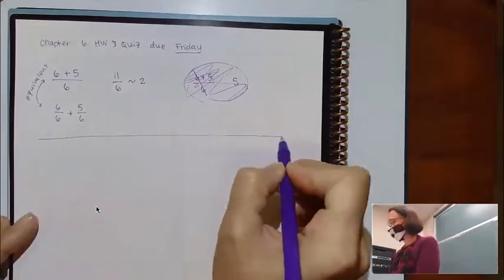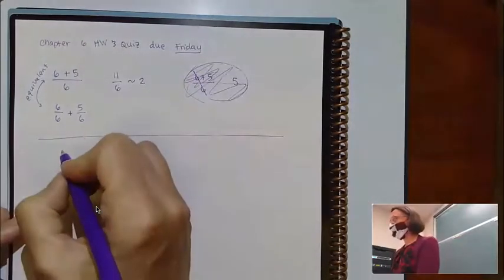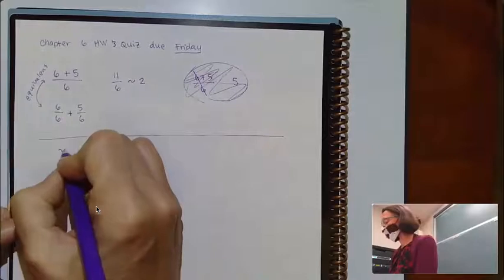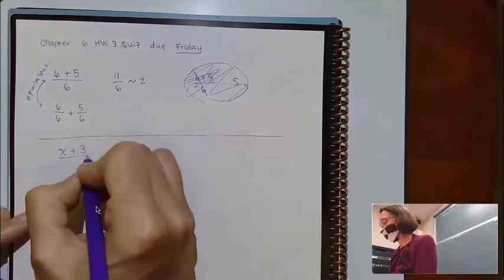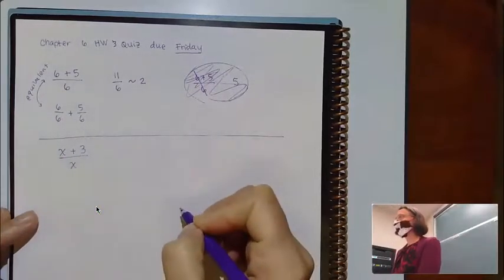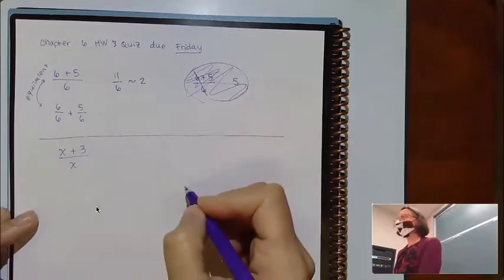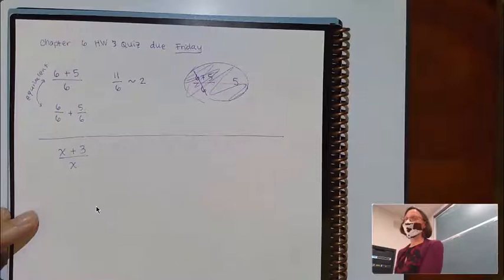Now, to switch that around to be something with letters, that also means that if I had like X plus 3/X, that's it. That's what it equals. There isn't anything else we can do to this.